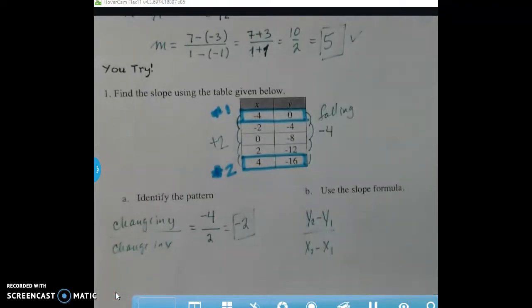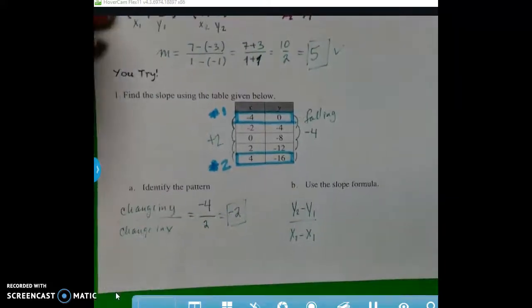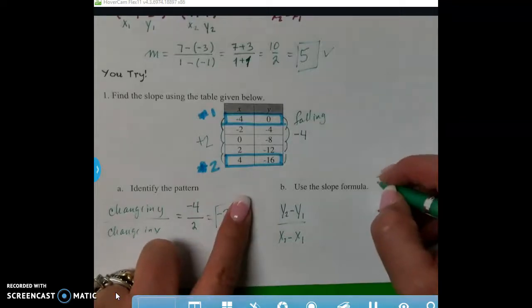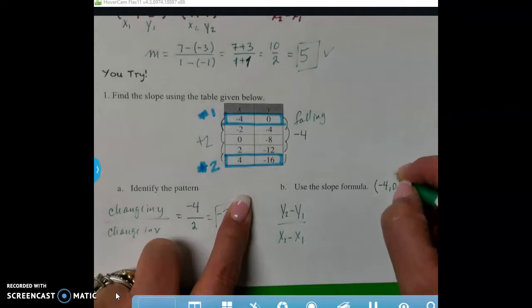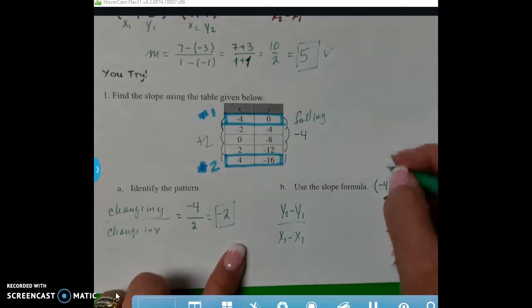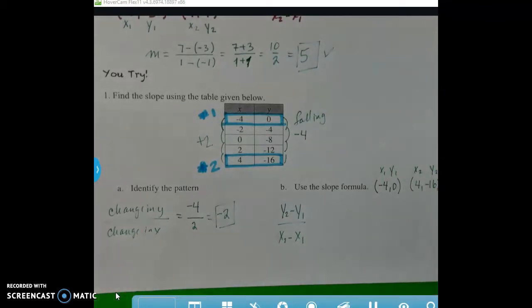If you are seeing these questions in a worksheet or on quizzes, they will actually say, find the slope from these two coordinate points. They're simply going to list the points for you. So this is going to be x1, y1, x2, y2.